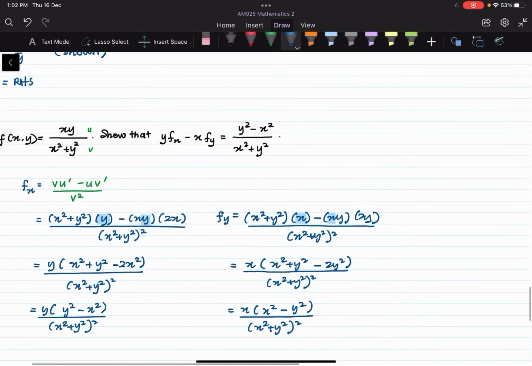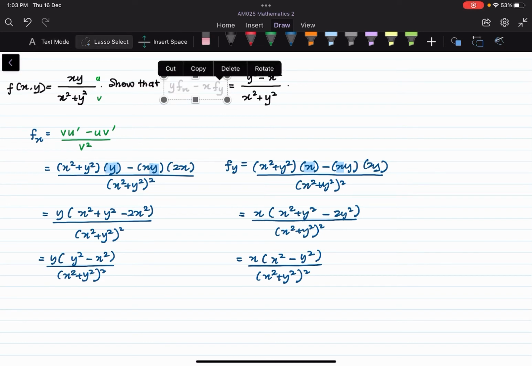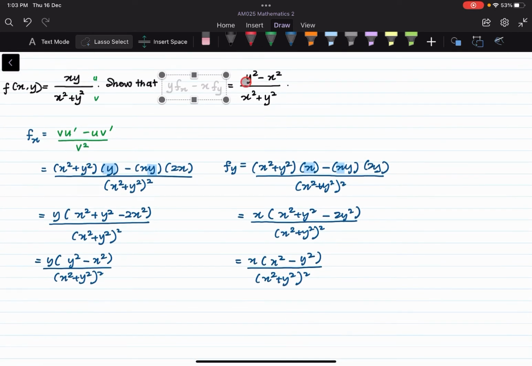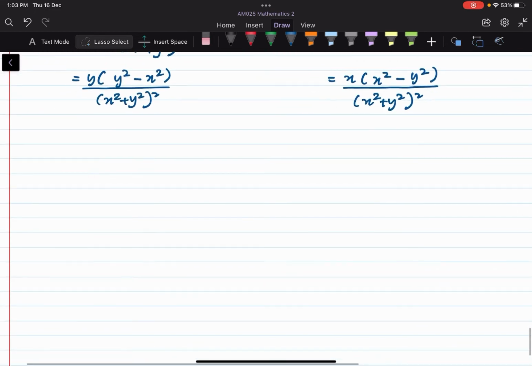So what we're going to do next is substitute into y times f sub x minus x times f sub y to get this y squared minus x squared over x squared plus y squared. Alright. Let's substitute into this.